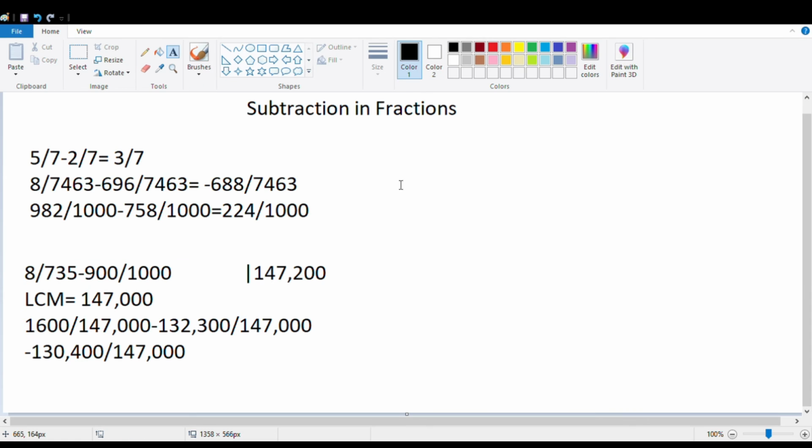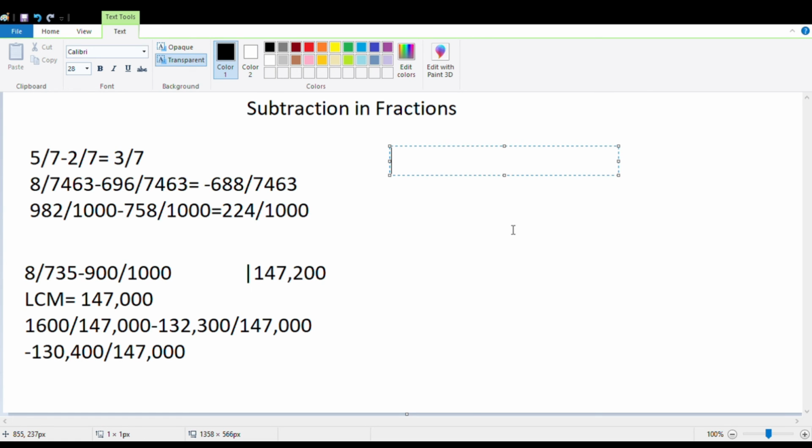Our next question will be in a mixed fraction type. What is a mixed fraction type question? Well, we'll see it.